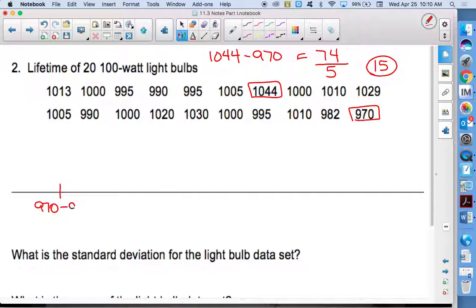984. Nice job. So that's my first interval, 970 to 984. We're going to have 5 of them. So we start at 985, and just write it underneath. And Izza, that one would go to? 999. Nice, 999.